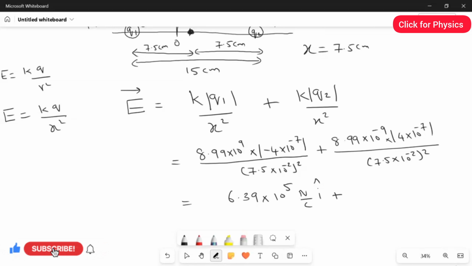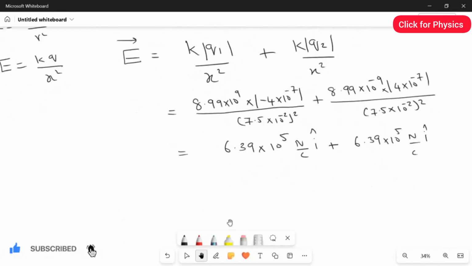Likewise here, the same, because the values are the same, so you'll get one more 6.39 multiply 10 power 5. The unit for electric field is Newton per coulomb, and this is also in x-axis, so I have to write this. Now I have to add these two values.